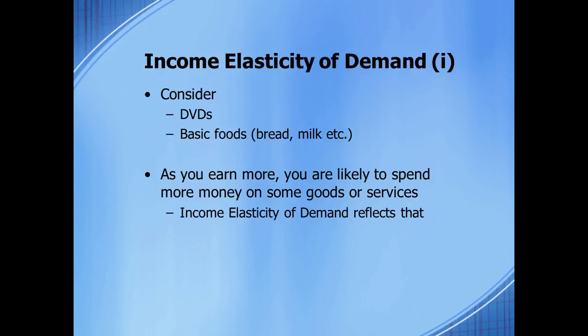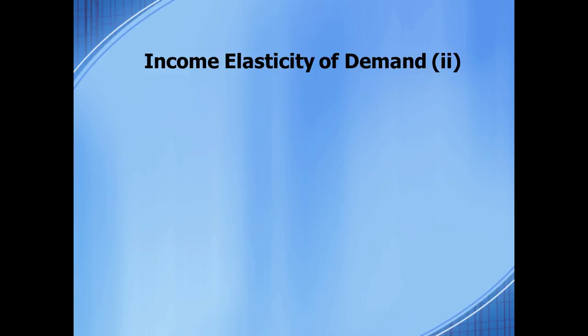And we reflect on this by talking about the income elasticity of demand. So as our income increases, we may choose to spend more money on DVDs and downloads and less money on the basic food items, preferring better quality food items. Perhaps you treat yourself to a cake or treat yourself to a nice piece of cheese.